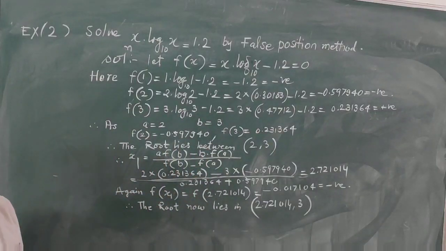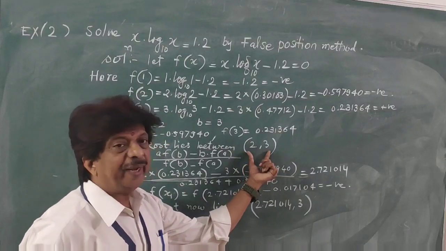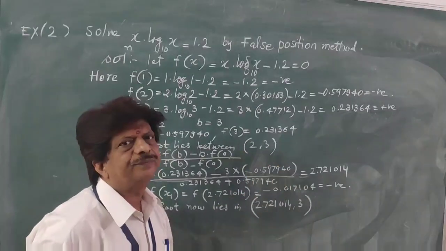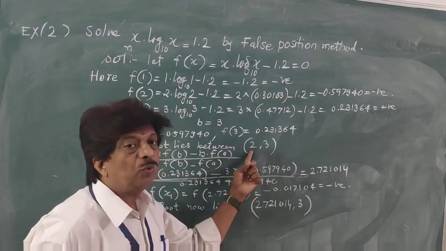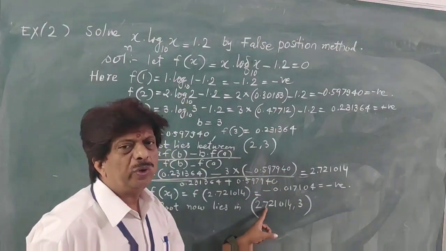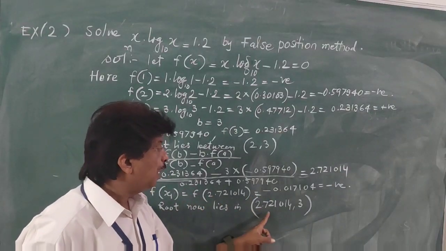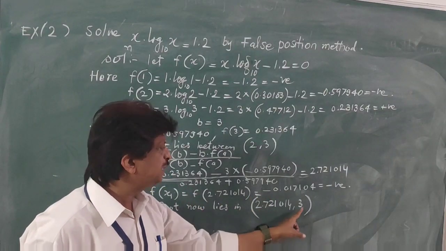I have still contracted this interval. Earlier it was from 2 to 3. Now it is from 2.72 approximately to 3. So, now take a equal to this, b equal to this.